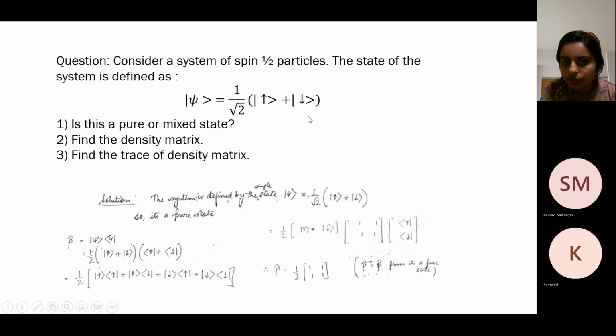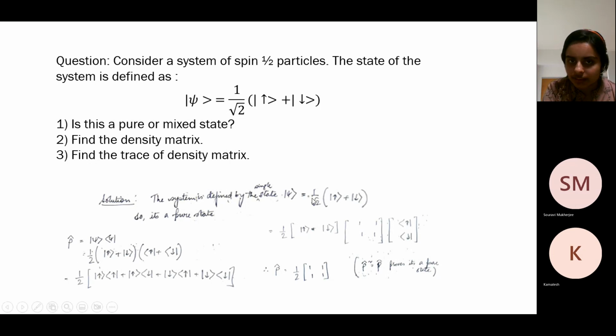What does that mean? That means only one state is possible, and the probability of being in that state is 1. So this happens only when you are in a pure state.